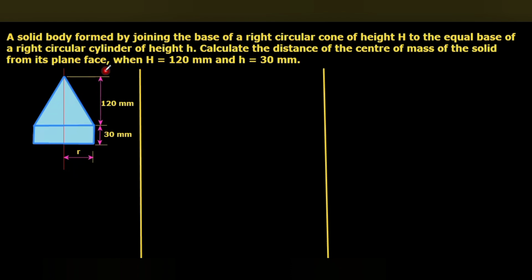And here, it is symmetric about the vertical axis. When the given area or volume is symmetric about the vertical axis, we have to calculate only y bar. The x bar calculation is not needed.